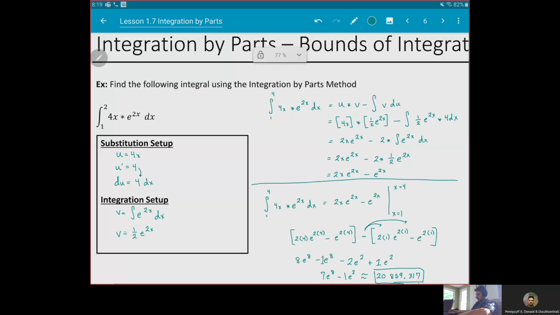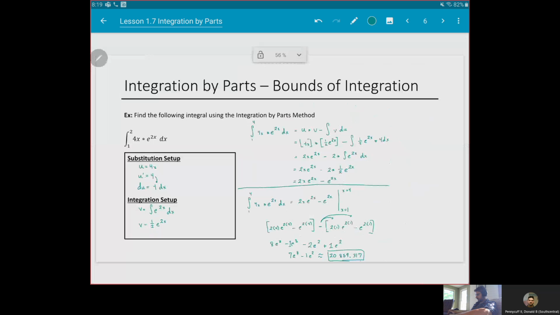All right. Any questions about this one? Any questions at all? And while you guys are getting caught up, I'll just type the original problem into my calculator and see if we get the same answer. We should. Or very close to it.